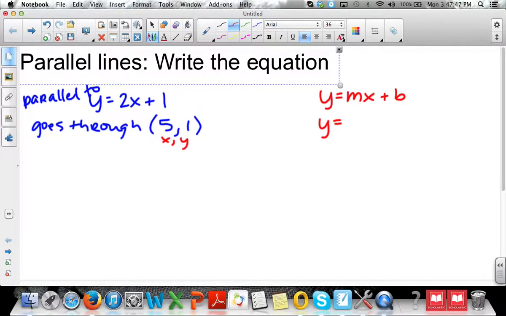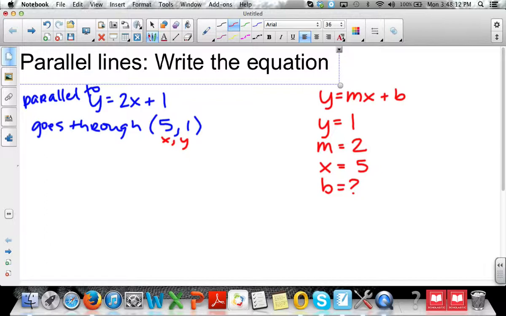So y is going to be 1, because that's what it was in the coordinate. M has to be 2, because it's parallel to y equals 2x plus 1, and the slope was 2 there, so the slope is going to be 2 here. X is going to be 5, also from my coordinate, and then b, I don't know.